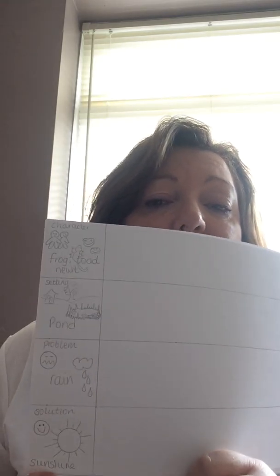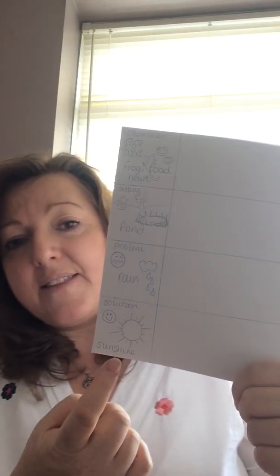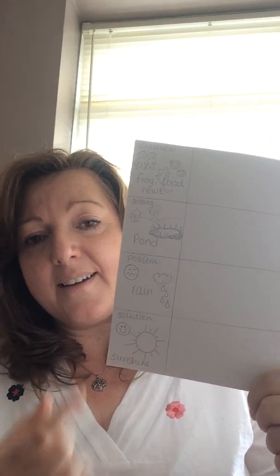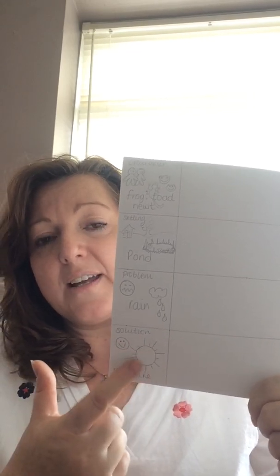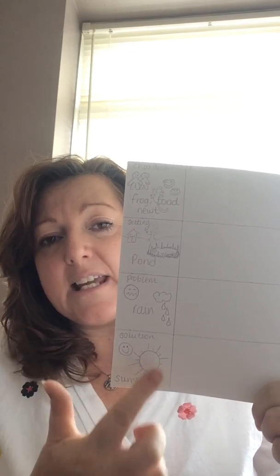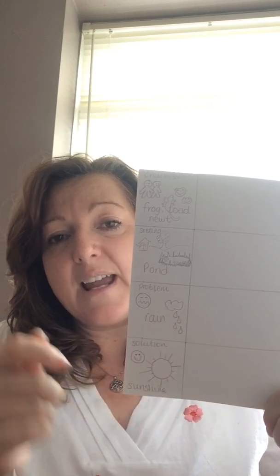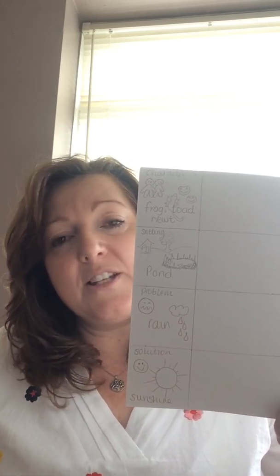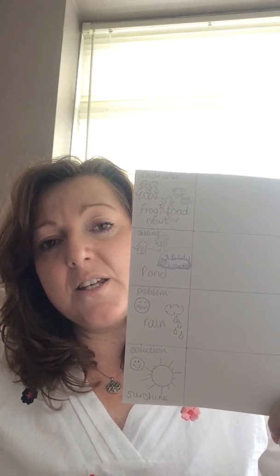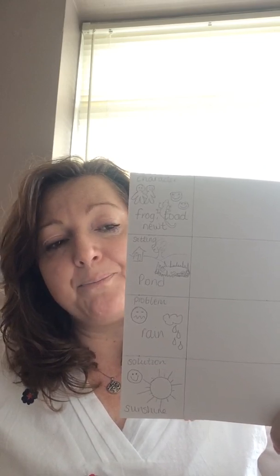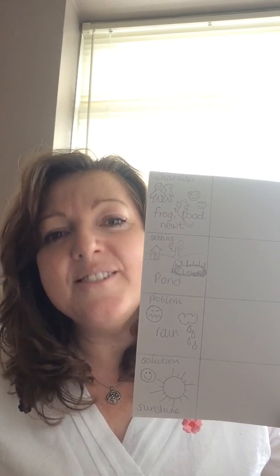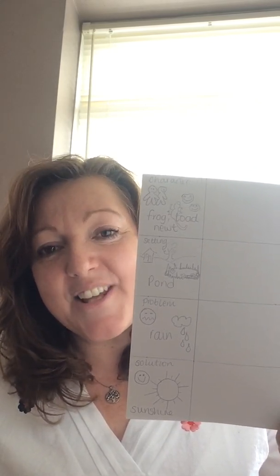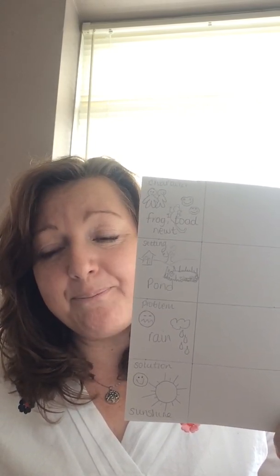And our solution is going to be the sunshine. You could make a sunshine and put it on a stick. You could make a rain cloud with some rain and put it on a stick, and then you could tell a story using your props, and you could get somebody to video you telling your story so that it can go on to Evidence Me.